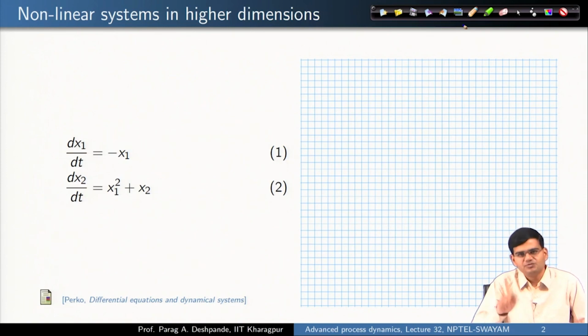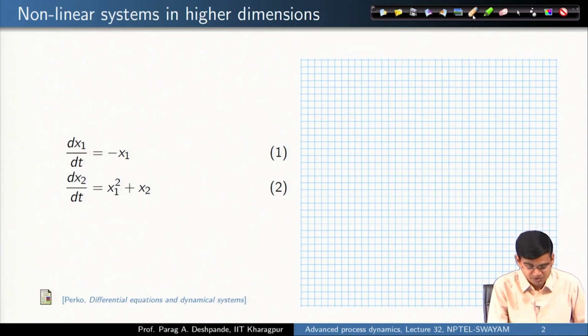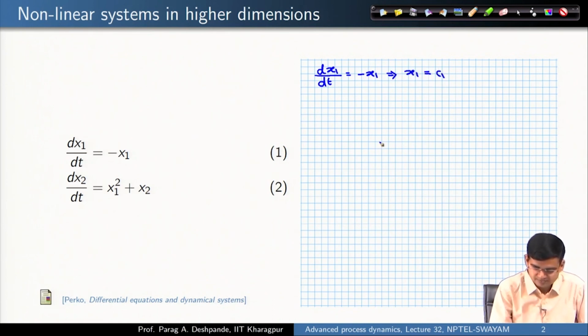So, let us first try to solve this problem using our usual method, if at all it is possible to do so. So, the first equation has only x 1. So, I can write dx 1 by dt is equal to minus x 1, from where I can write x 1 is equal to c 1 e to the power minus t.